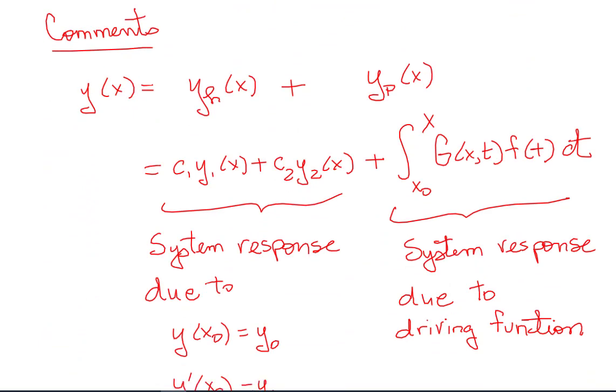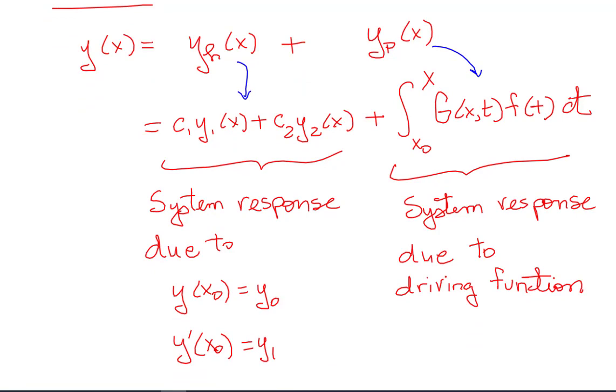And so to make a few comments here, remember our full solution is a combination of the homogeneous solution and now the particular solution. So here in this case, this is our system response due to my initial conditions that are given in the system.